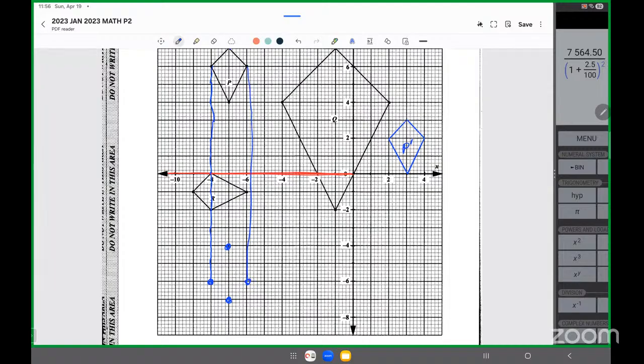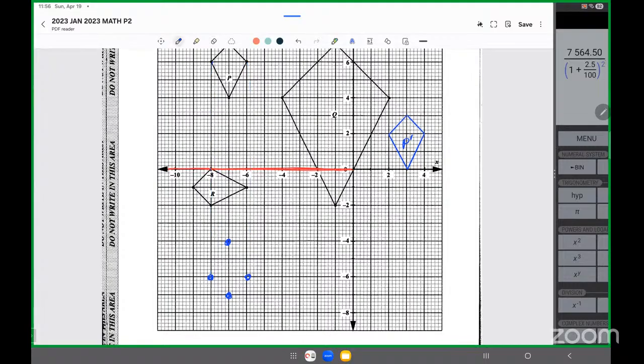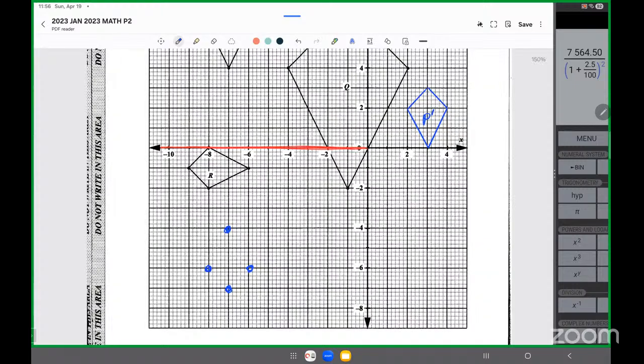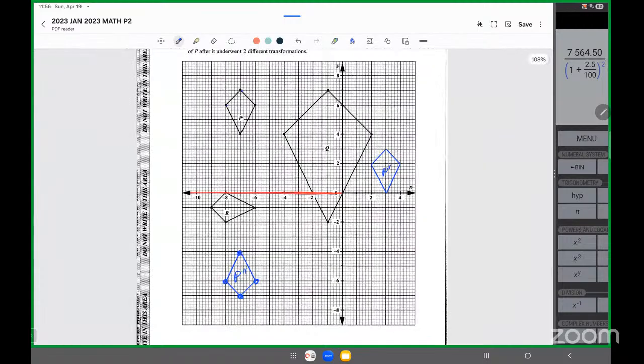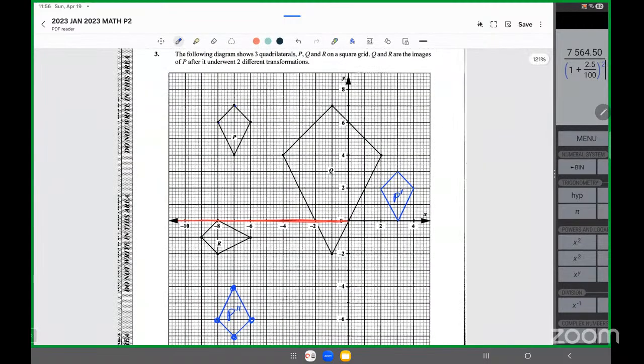So those are the points of my shape. Do the transformation 1 point at a time to the shape, and then you draw the shape around those points. So this diagonal, this one, and then that one. And label it P double prime. That is it. All right? So far, so good?